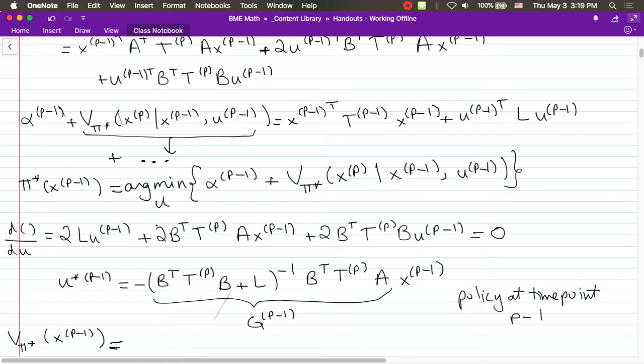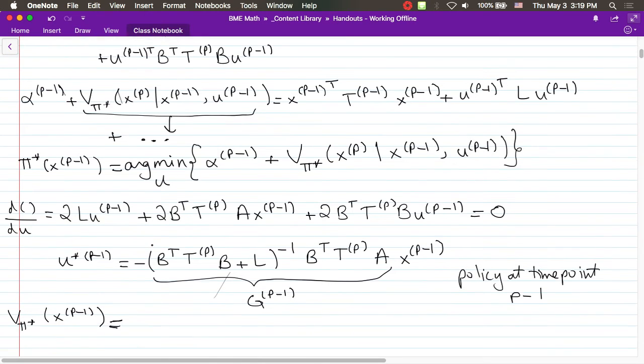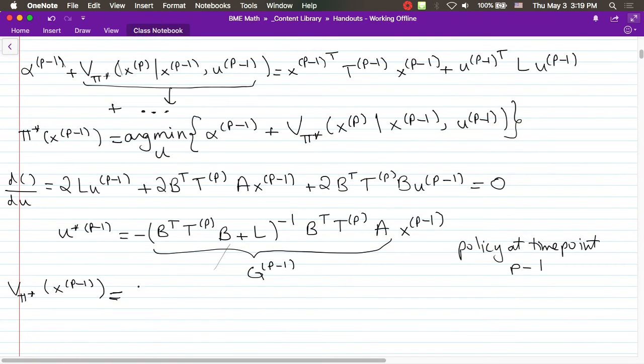That's my cost that I'm going to be incurring at that time point. So this value function is going to be X at time point P minus 1 transpose T of P minus 1 times X of P minus 1.